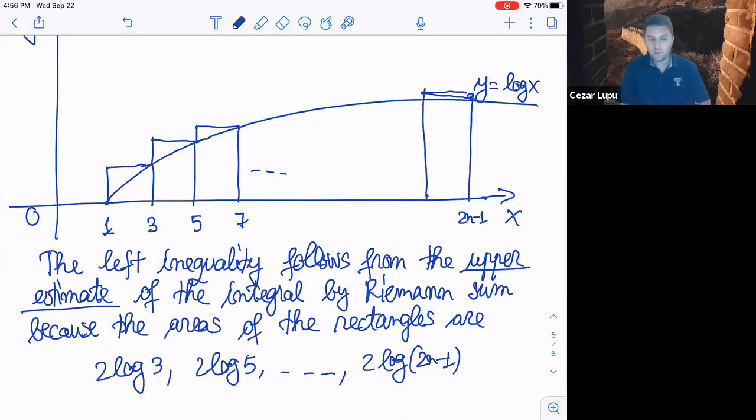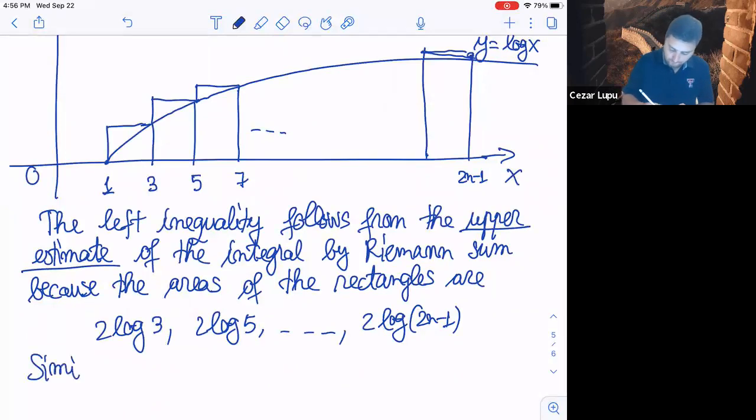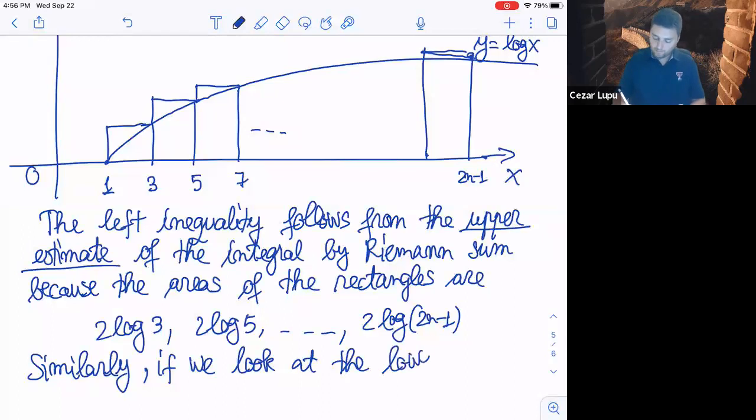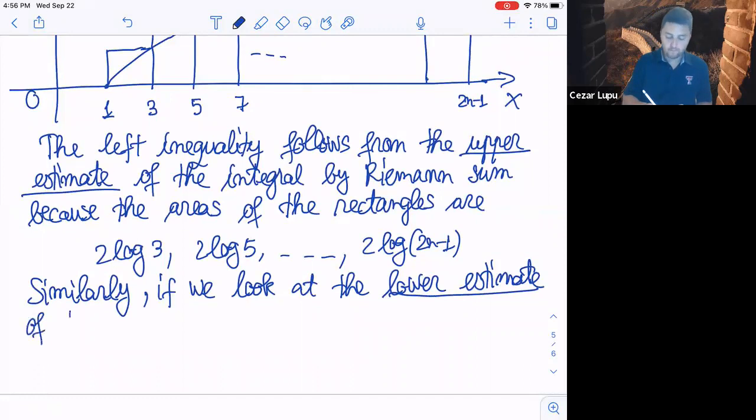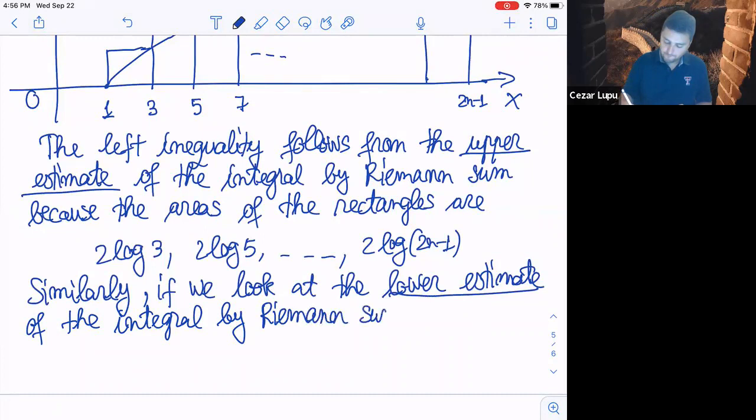But now if we look at the lower estimate of the integral by Riemann sums, this gives you the right inequality.